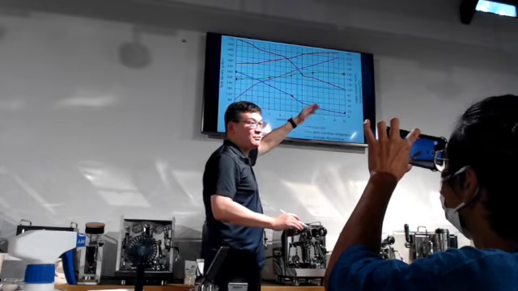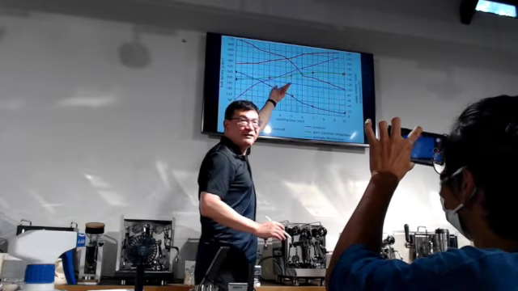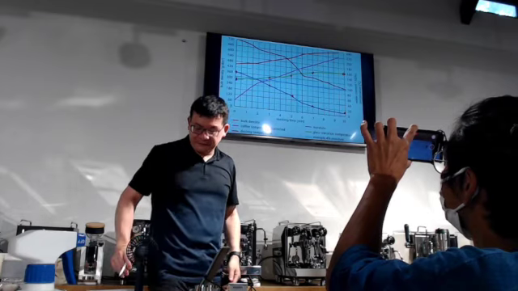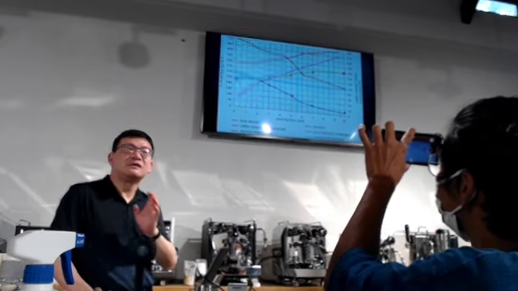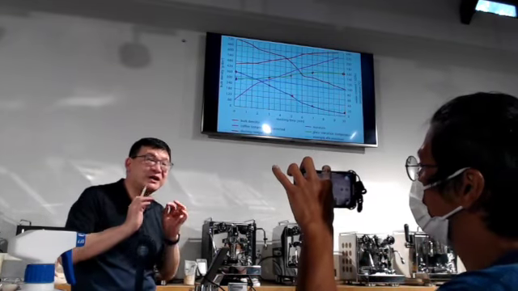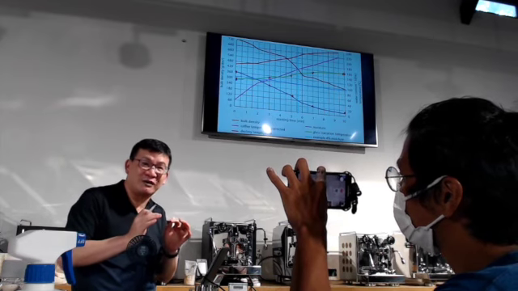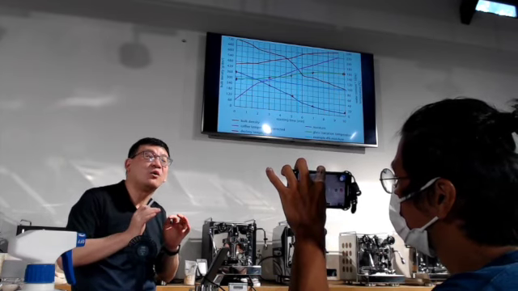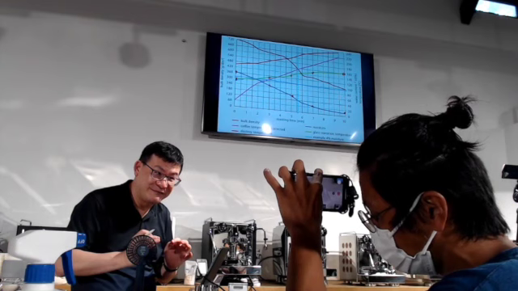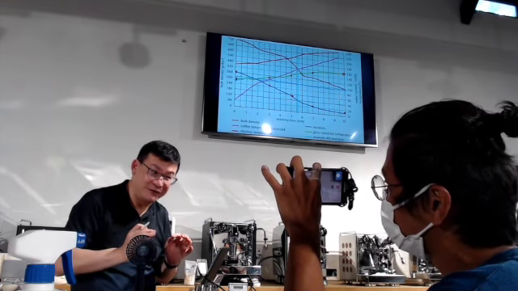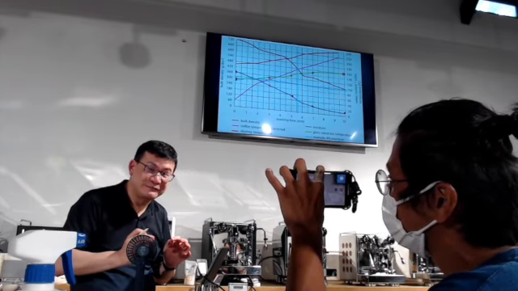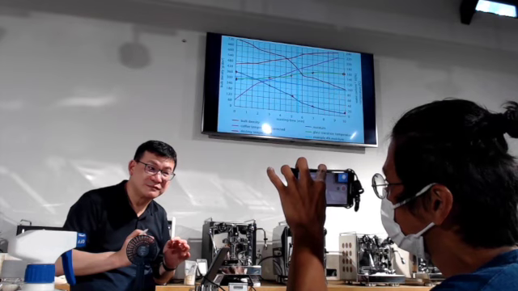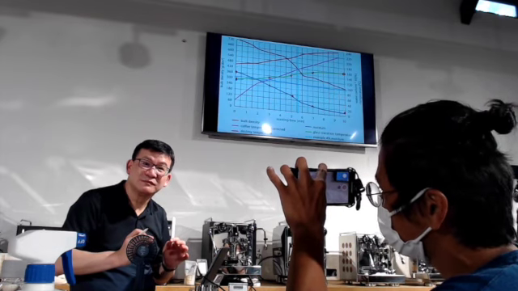It's like a mirror image. Because this green line is calculated from the water content. It's the temperature calculated from that.